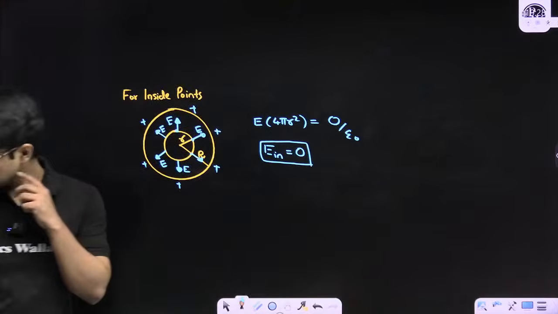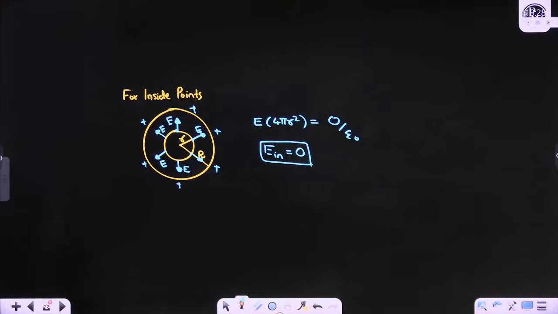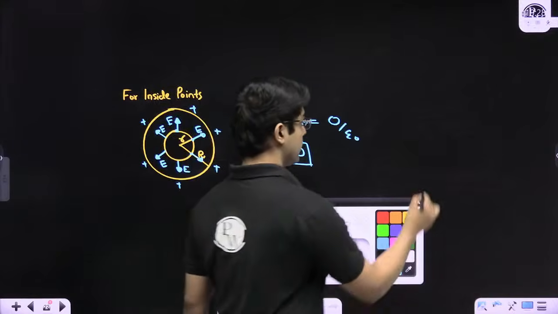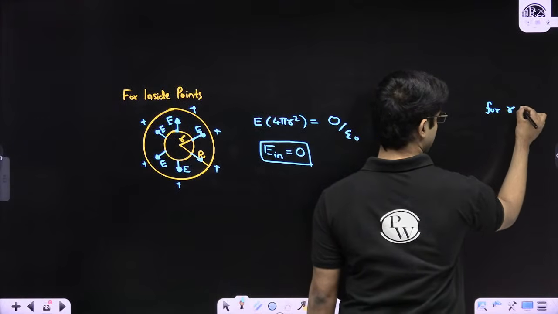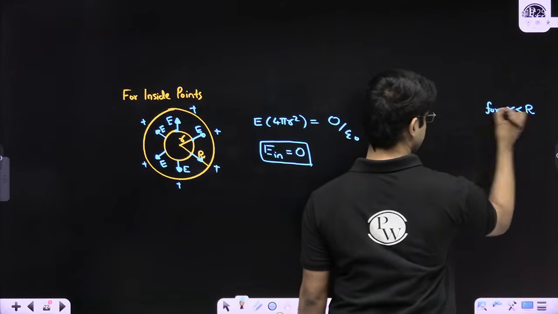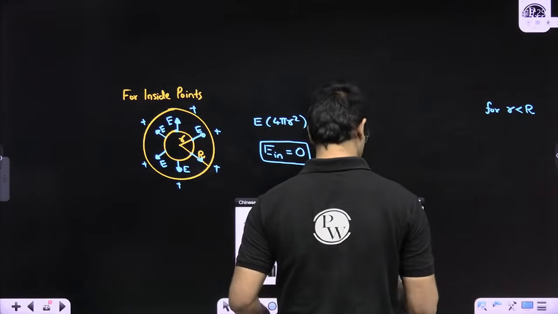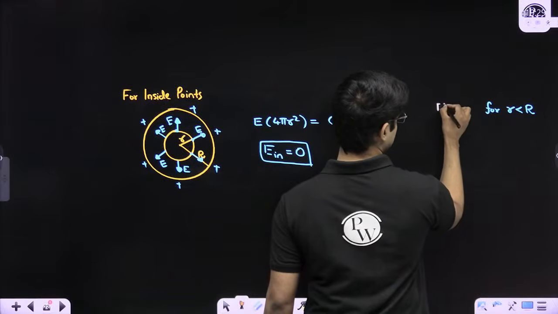So for a uniformly charged sphere, the field inside will be 0 and the field outside is the same as a point charge. For small r less than capital R, which means inside the sphere, the electric field is 0.